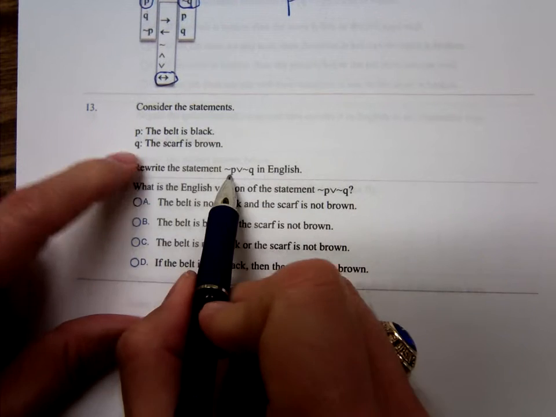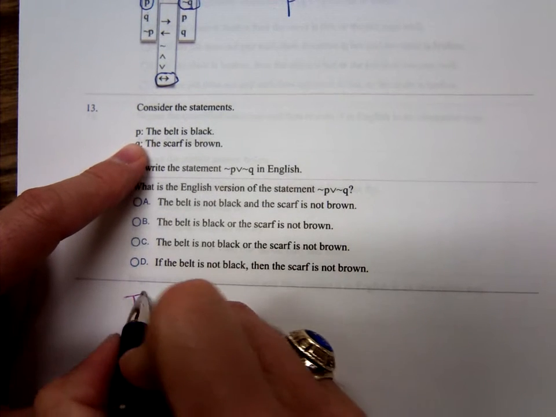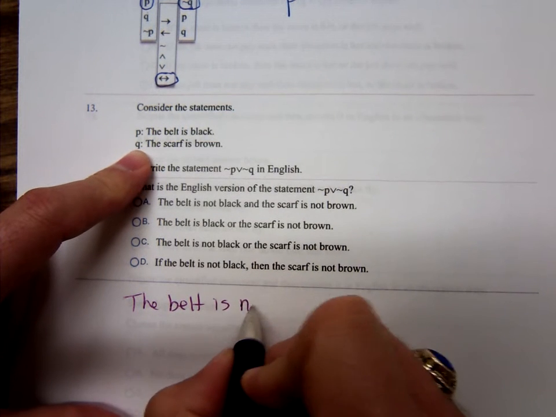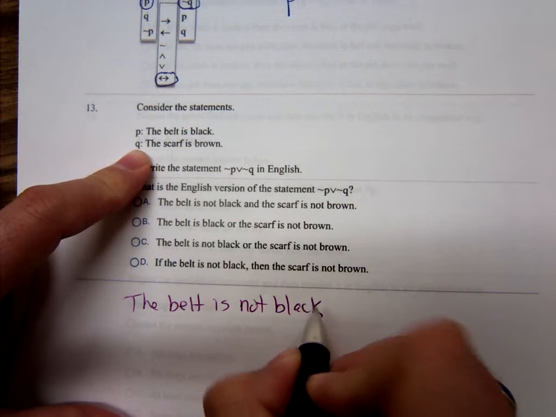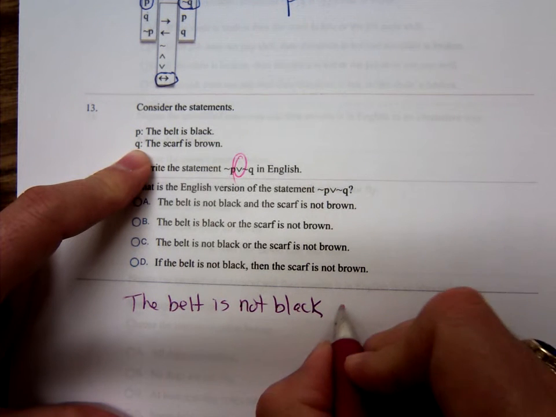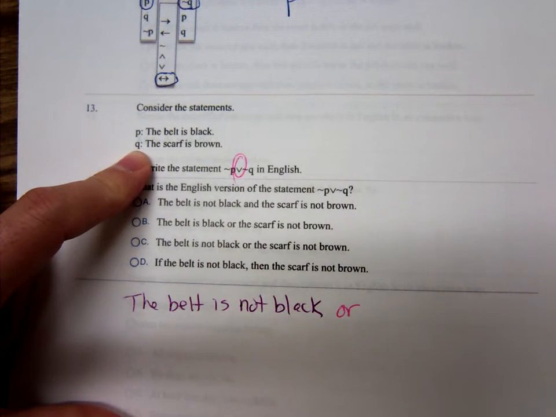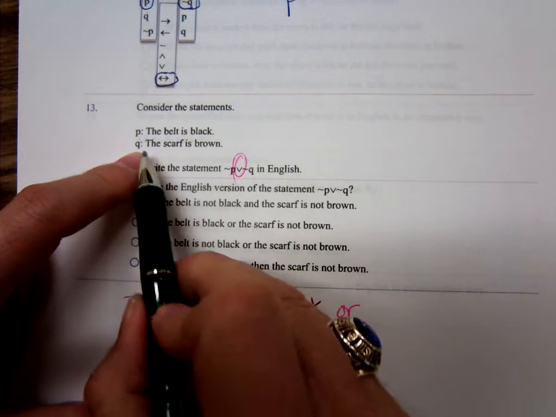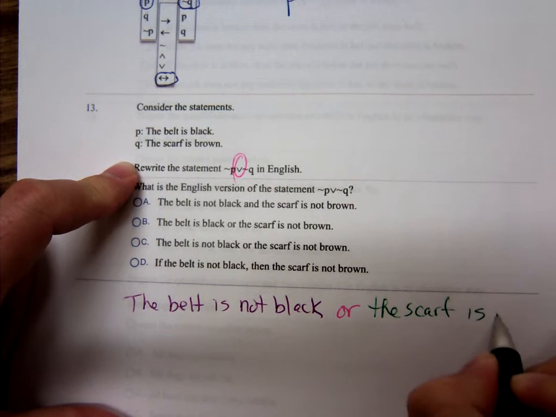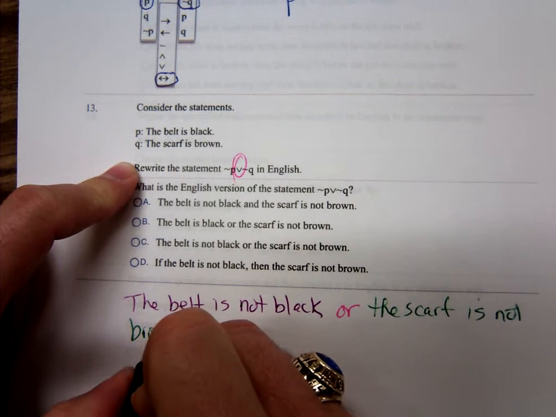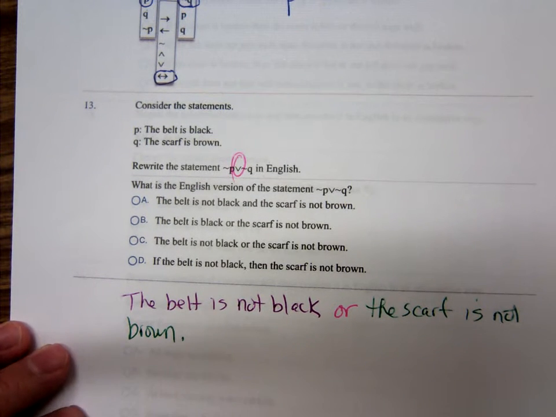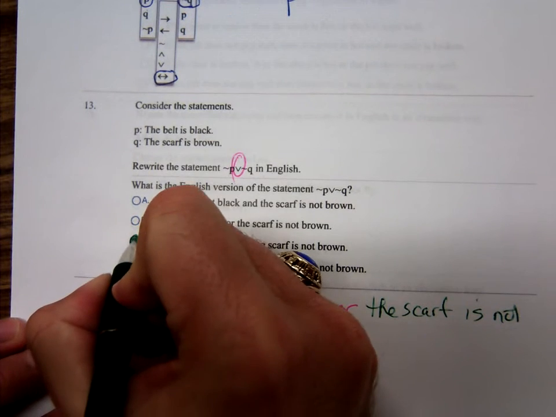Okay, if P is the belt is black, not P would be the belt is not black. This little V-shaped figure here is or. Q is the scarf is brown, so not Q would be the scarf is not brown. So let's see, which one is this? Is it C? Yeah, C. Okay.